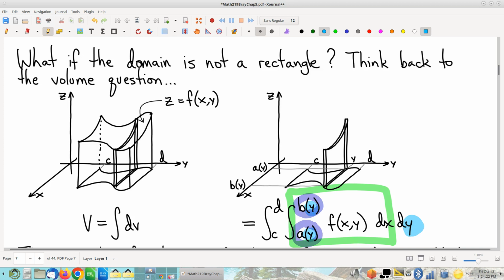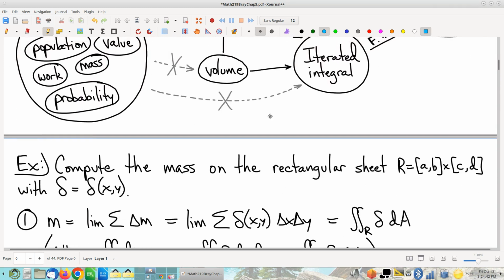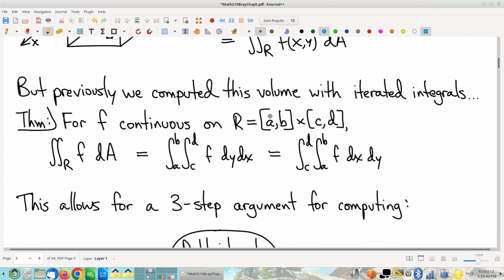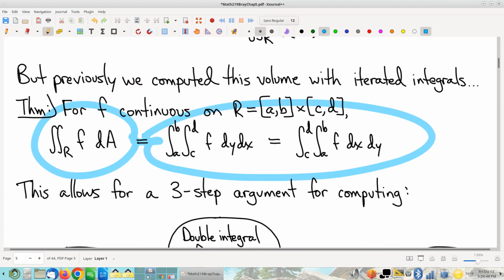All right, so now how do we actually find those bounds? Well, you can sort of look at the picture and work from there. Downside about this picture is it's hard to draw. It's three-dimensional. That's tough, right? It's just artistically challenging. So what I'm going to point out, first of all, I'm going to come back to several pages back here where we have this theorem that says that double integrals can be computed with iterated integrals.